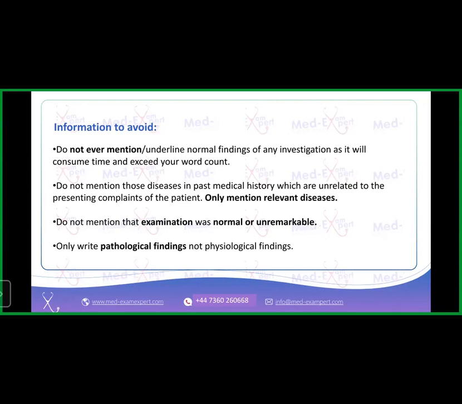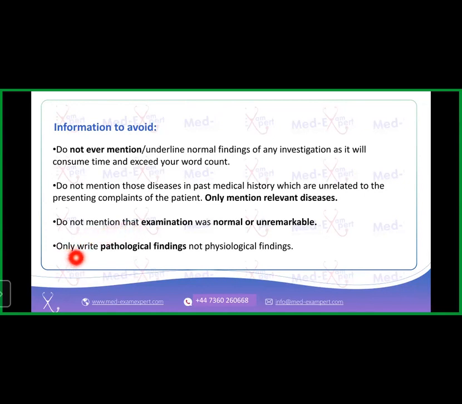For example, there can be leukocytes or pus cells in his urine complete examination, and other things are normal. So you're not going to write all the normal findings. You will only write, for example, the line will be: his examination revealed leukocytes in the urine complete examination. Okay.